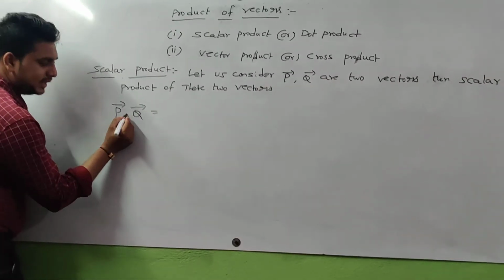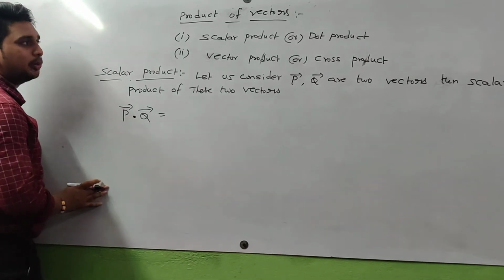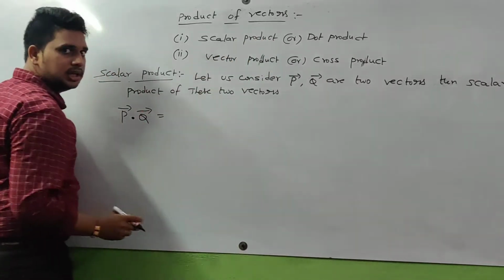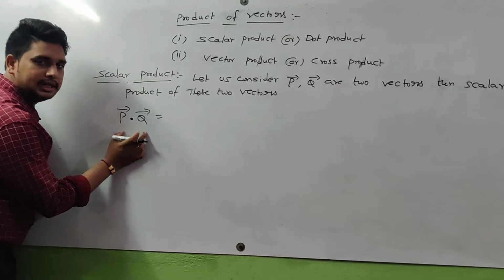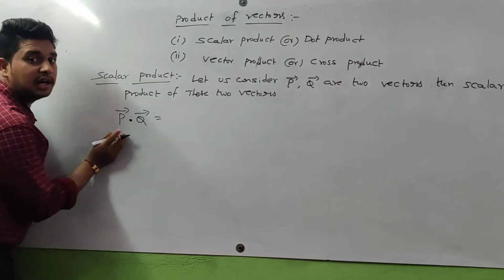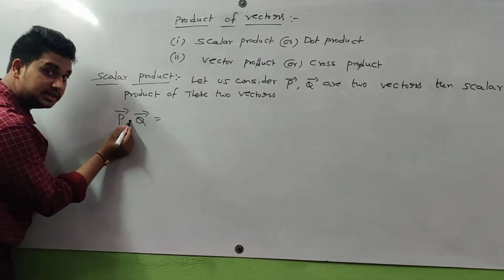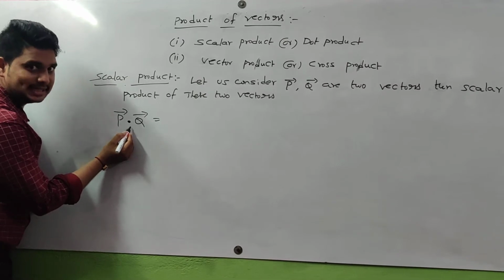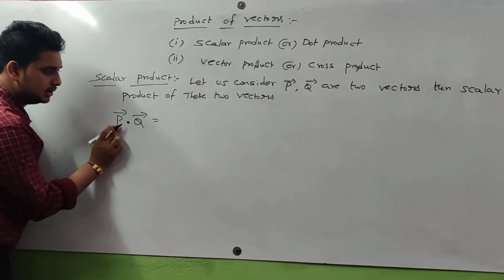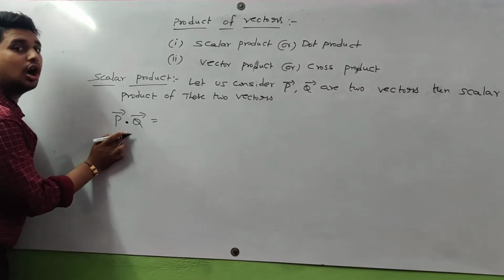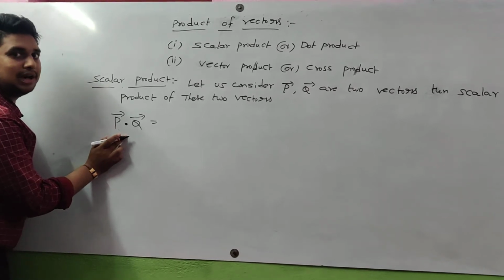The scalar product is also called the dot product. Why is it the dot product? Because between the two vectors we put a dot, p bar dot q bar. So that's why this product is called the dot product.